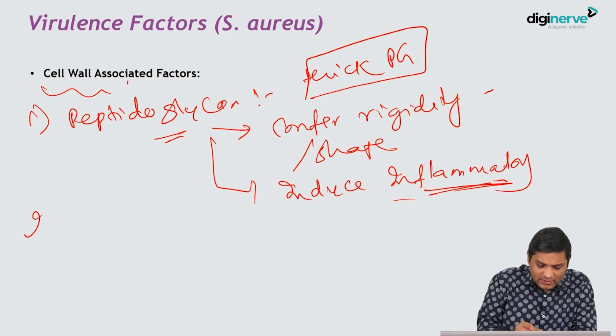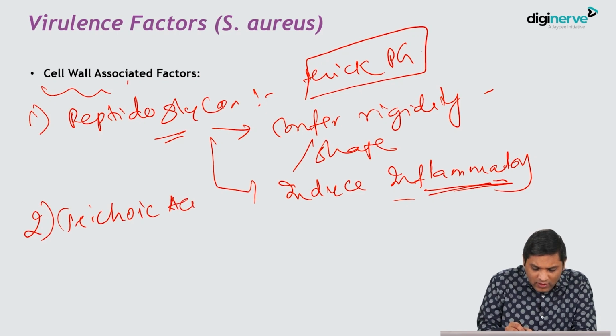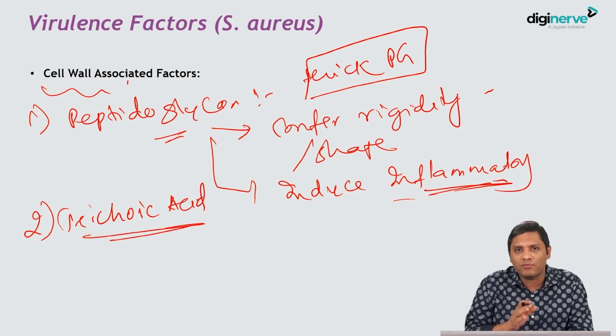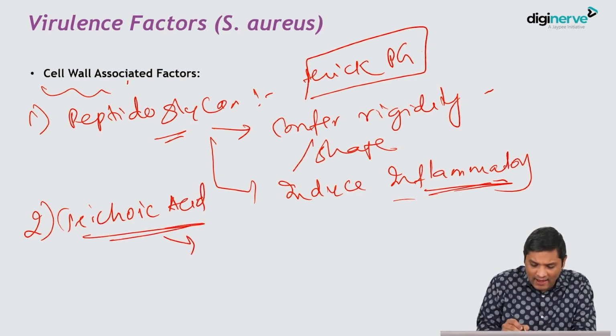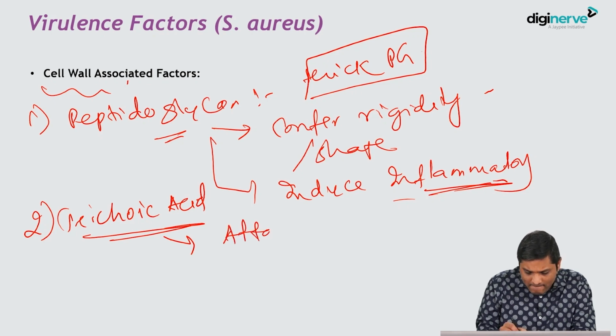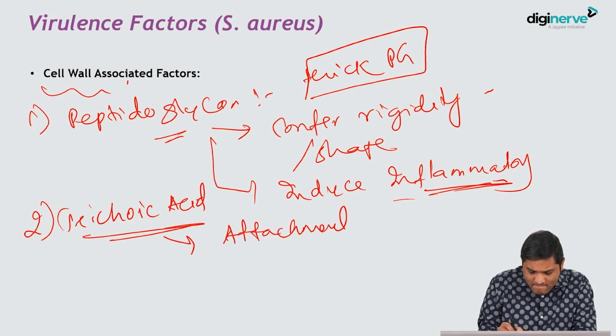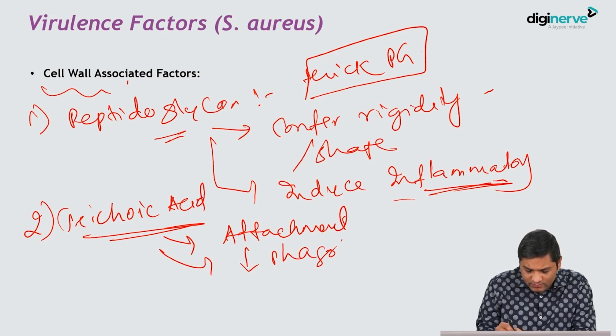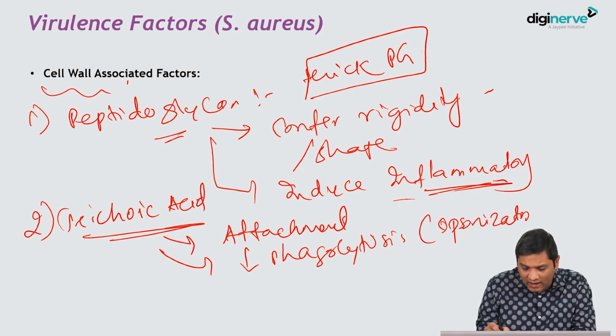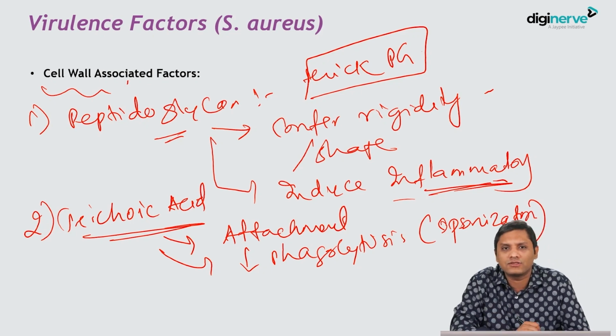It can induce inflammation. So the next virulence factor is teichoic acid. It is also an exclusive component of the gram positive cell wall, and it helps in attachment. It also inhibits phagocytosis and opsonization. Opsonization is a process of enhanced phagocytosis.